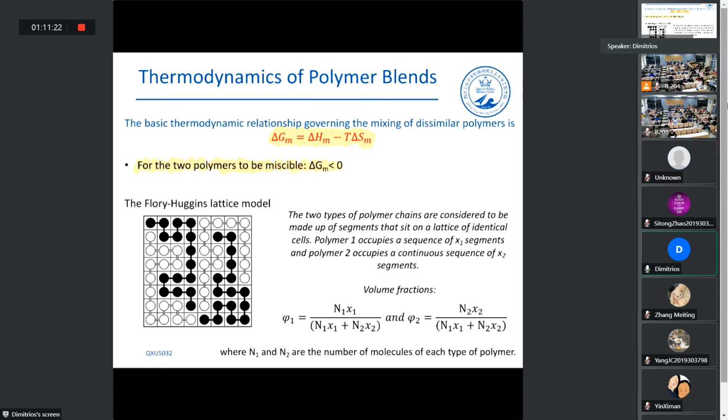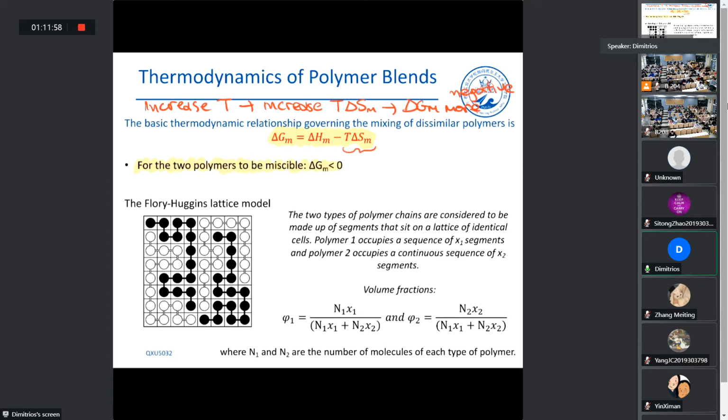Now, for the case of low molar mass materials, an increase in temperature usually leads to an increase in this factor, delta S, M. So, increase temperature, increase delta S, M, and that makes delta G, M more negative.